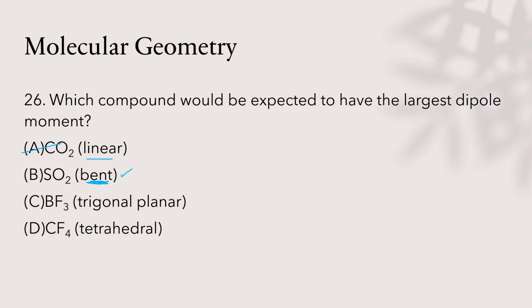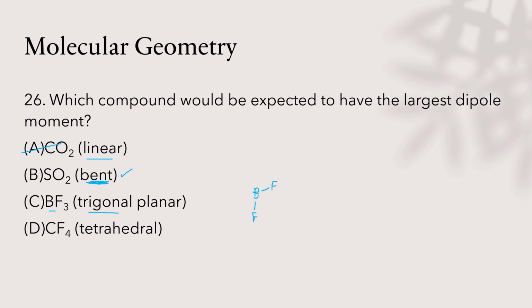Looking at choice C, BF3, trigonal planar. So boron was one of the exceptions to the octet rule where it was happy with just 6 electrons. So if we have boron in the center with 3 fluorines around it in a trigonal planar manner, what that means, if it's trigonal planar, is that it does not have any lone pairs on the central atom.